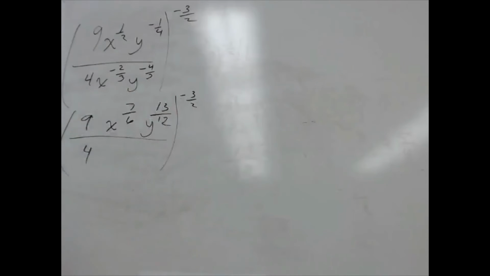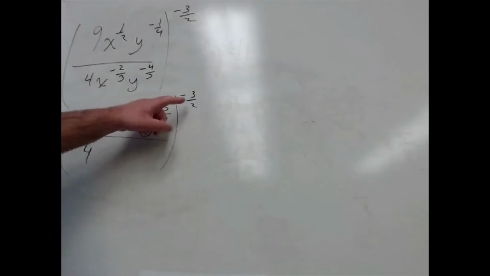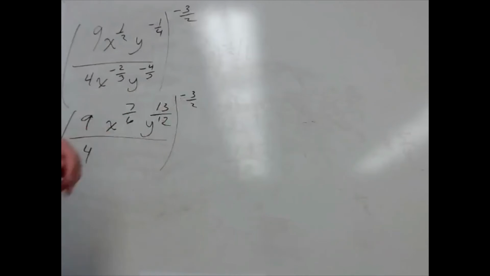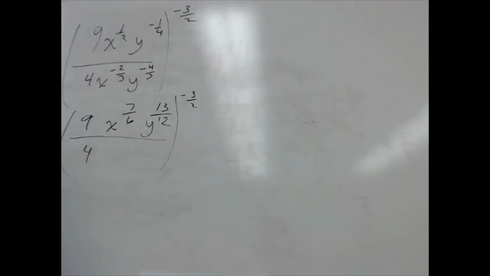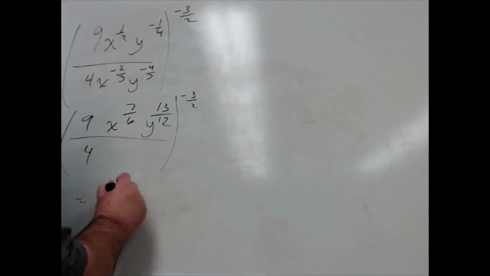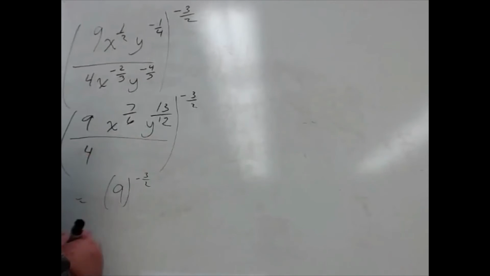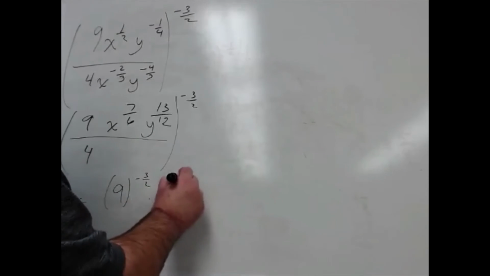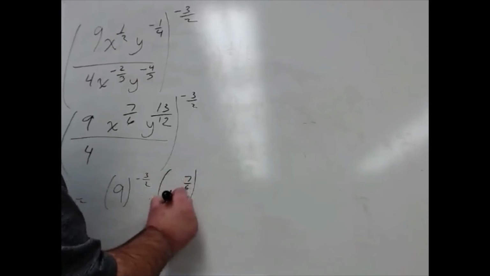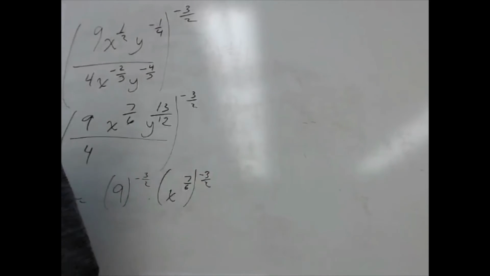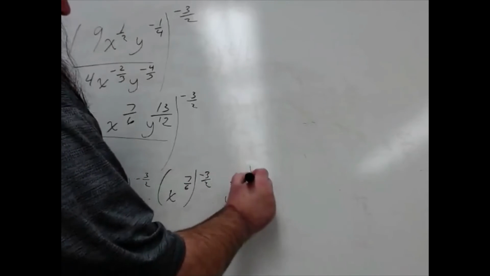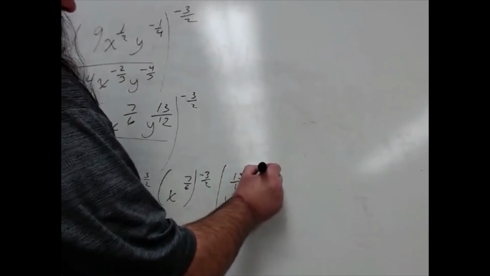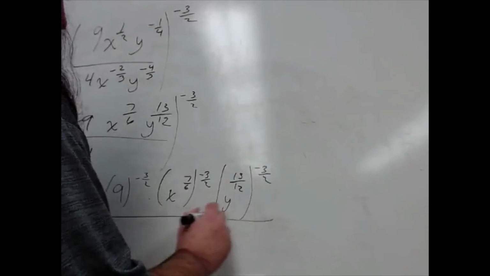So the 9 is going to get that exponent, so is the x, so is the y, and so is the 4. So this is going to give me 9 to the negative 3/2 times x to the 7/6 to the negative 3/2 times y to the 13/12 to the negative 3/2 over 4 to the negative 3/2.